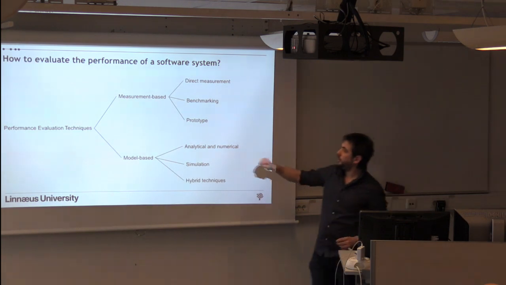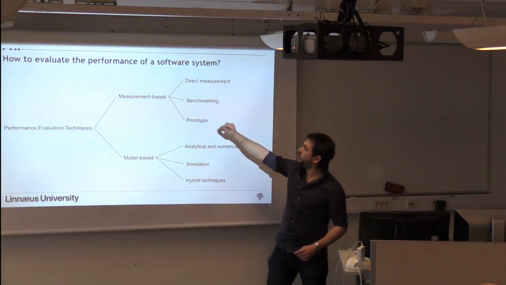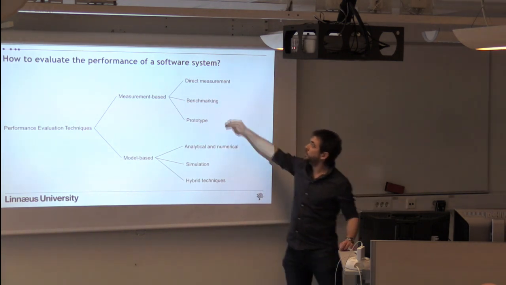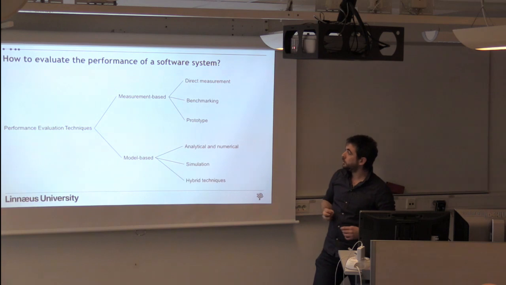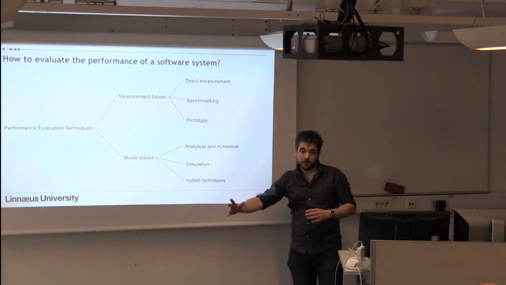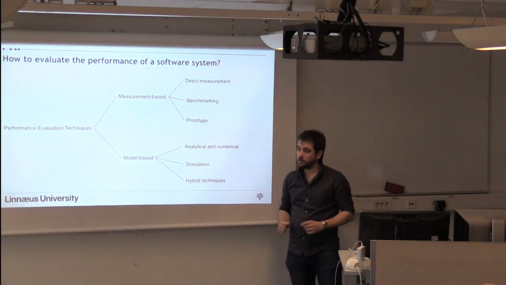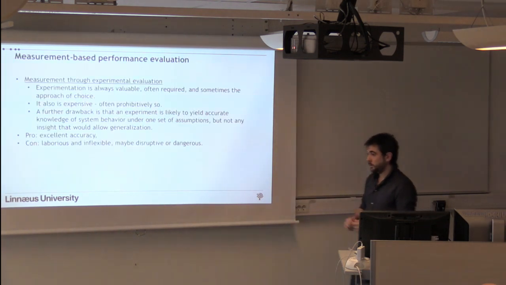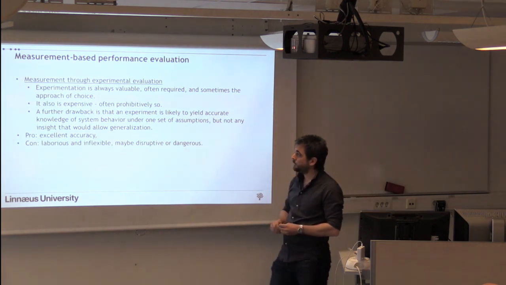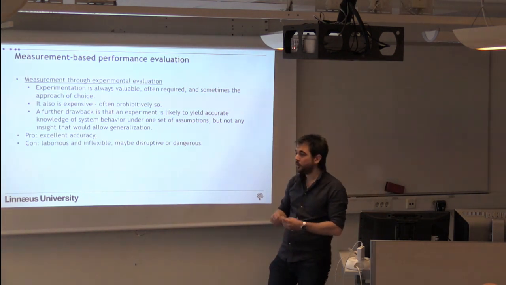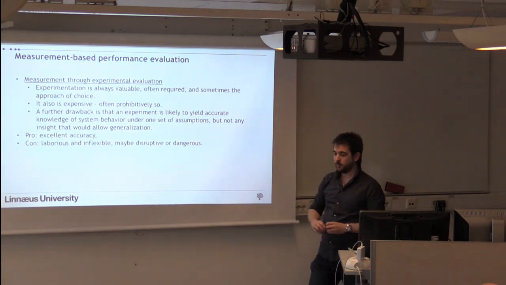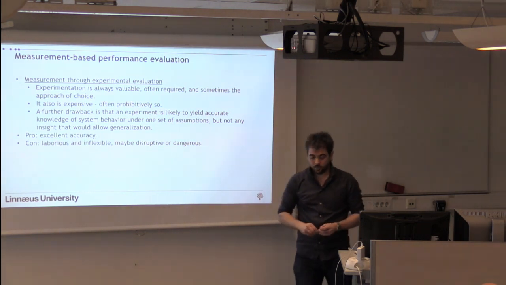If we follow the measurement base, a short introduction: we can directly measure the system, we can benchmark the system with different workloads, or we can build a prototype of the system and measure how it behaves. So this measurement through experimental evaluation is always useful, it's accurate, sometimes it's required to prove something in the system that is working, and sometimes it's the approach of choice.